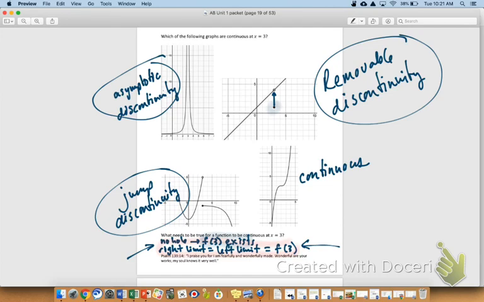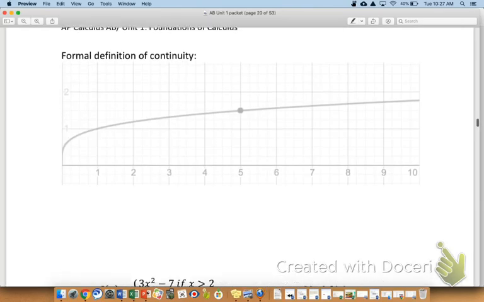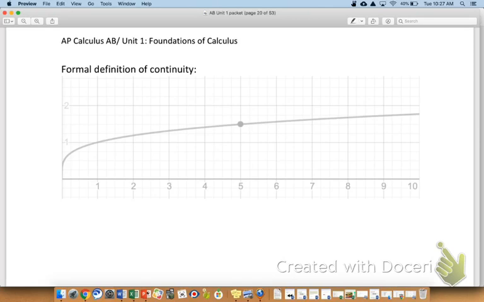So here it is. I'm just going to write it right on this nice continuous graph. The formal definition of continuity, let's just do this. This will be better. Okay, so here it is. The limit as x approaches, I've got a 5 right here, I'll just use 5.